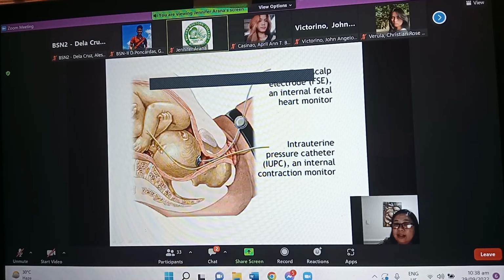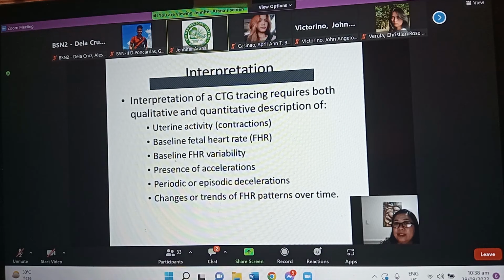This catheter here, this is the IUPC, or the intrauterine pressure catheter, which also measures the uterine contraction internally. Okay? So, mas precise ni siya ang internal, mas risky lang or mas dangerous.